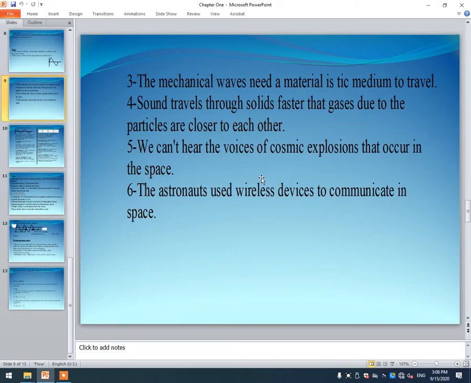So one person has a sender and another person has a receiver, and the electromagnetic waves produced from the sender reach the receiver. So the astronauts need to use wireless devices to communicate in space.